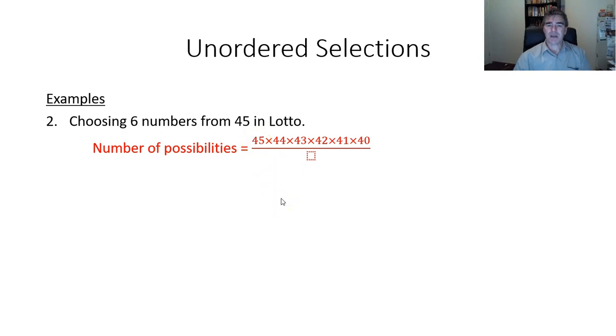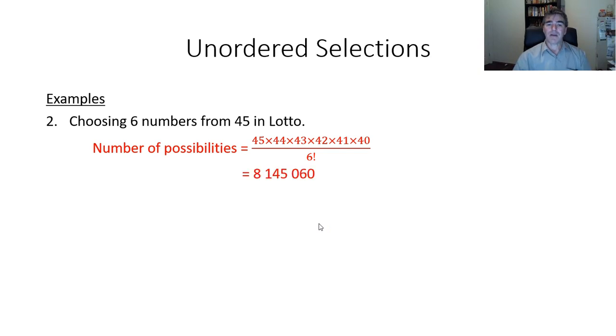But once that one ball is selected, I then only have 44 balls left to choose from for the second ball, and then 43 for the third, 42 for the fourth, 41 for the fifth, and 40 balls left to choose from to fill the sixth position. But remember, the order is not important, so I get some repetition, and because there are 6 balls to choose from here, this is going to be 6 factorial in the denominator, and that will help get rid of all that repetition.